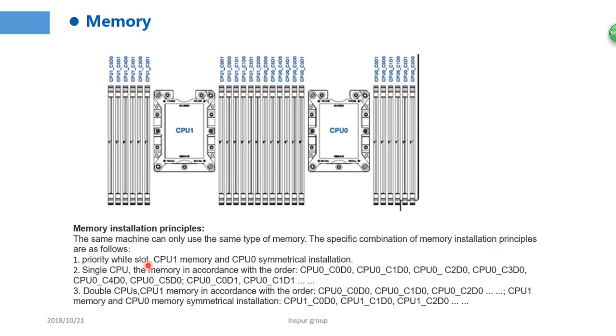Follow the priority slot order when you install the memory. The CPU1 memory and the CPU0 memory should be installed symmetrically.